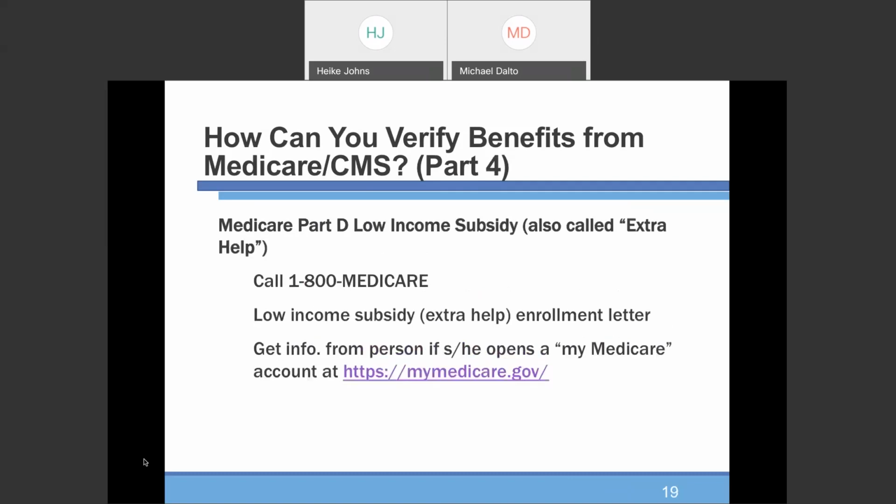And the Medicare Part D low-income subsidy, which is also called Extra Help, can be verified at 1-800-MEDICARE through a low-income subsidy enrollment letter or a My Medicare account.